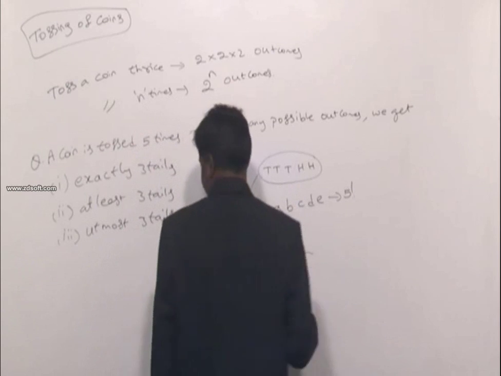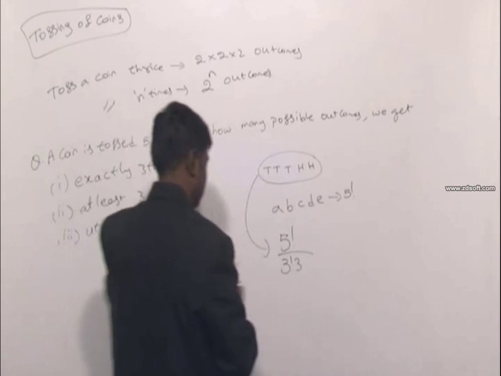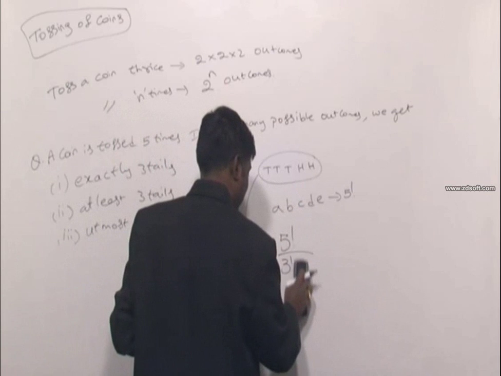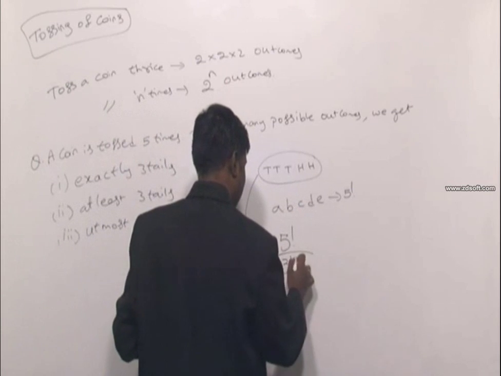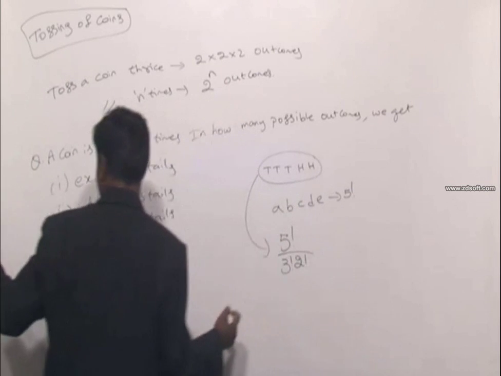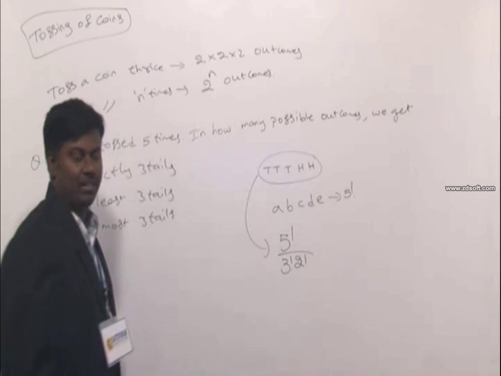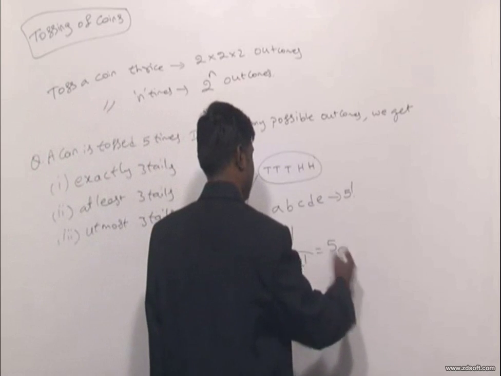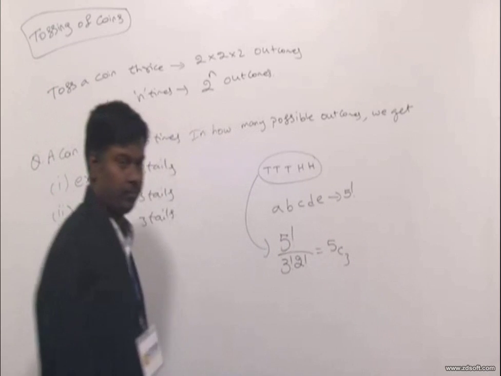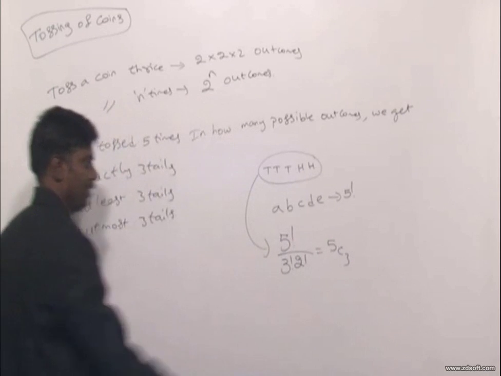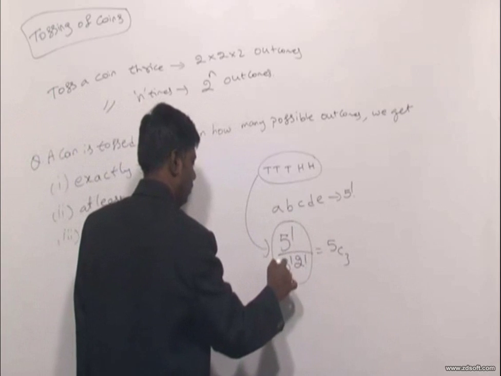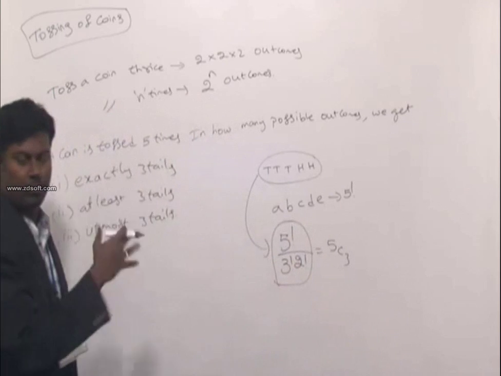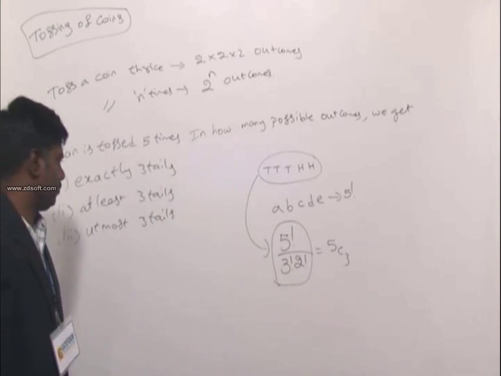So in case of similarity we can consider it like this, or in short we can say it is 5C3. I'll explain this in more detail when we consider all possibilities of arrangements.